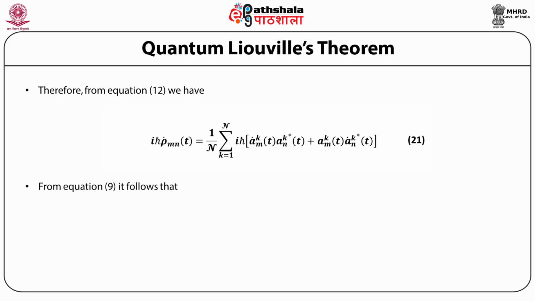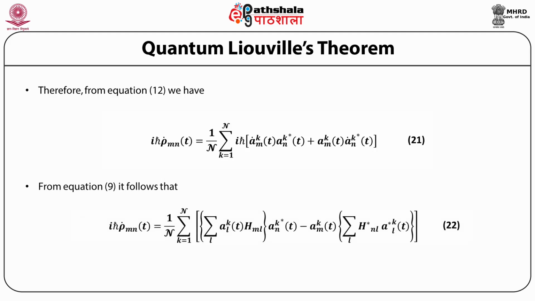From equation 9, it follows that iota h bar rho dot mn(t) is equal to 1 upon N, the number of identical systems in the ensemble, multiplied by the summation over k equal to 1 to N, whole in the bracket, summation over l of akl as a function of t, matrix element of H between the states m and l, multiplied by akn star(t), minus akm(t) multiplied by summation over l, the matrix element of H star between the states n and l, multiplied by a star kl as a function of t.